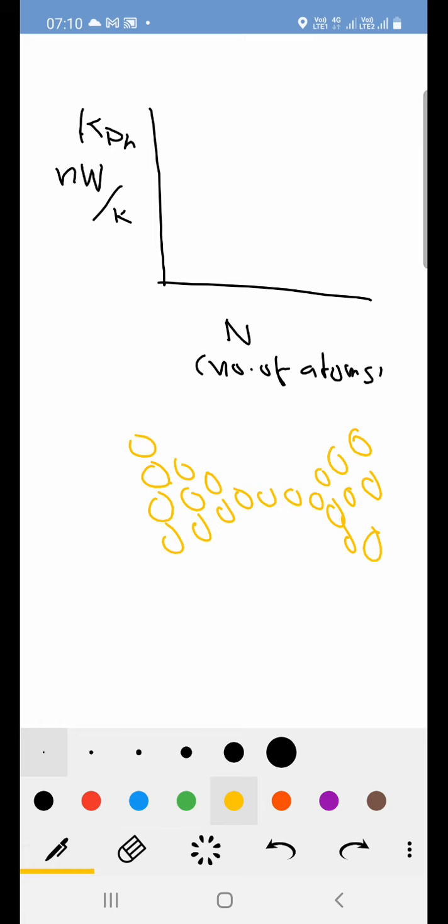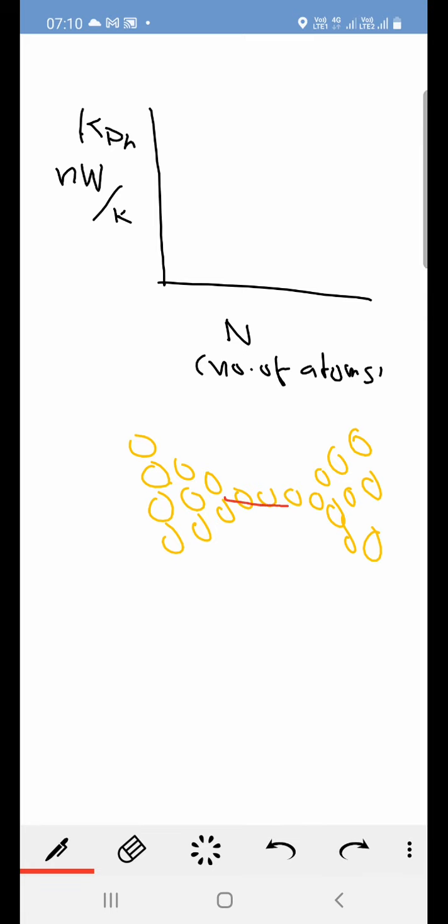So n is basically the number of atoms through which the electron can pass when it is moving through the junction. So in this case it is 1, 2 and 3, so here n is equal to 3. The longer we make the chain, the more there will be number of atoms. So it basically signifies the length of the chain or the length of the wire. So this is a nanowire formation, and that indicates the length of the wire.